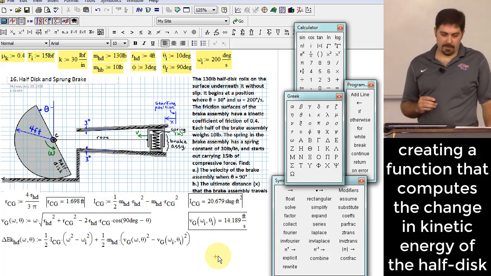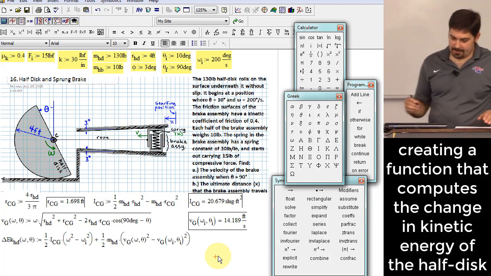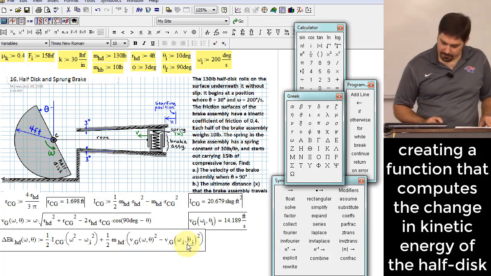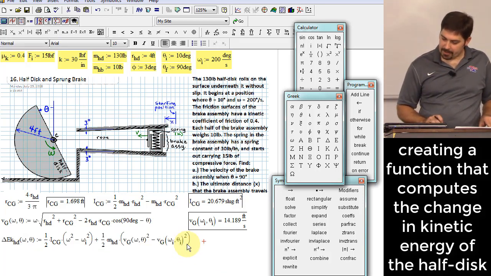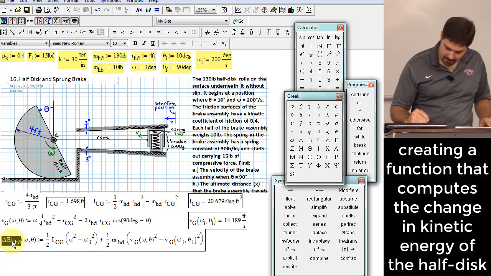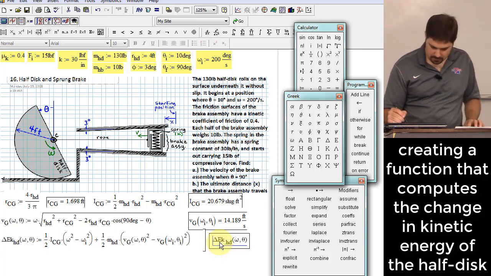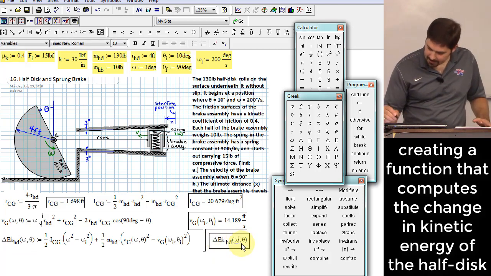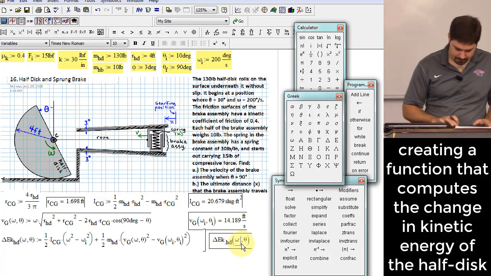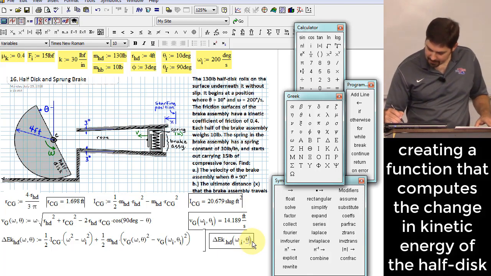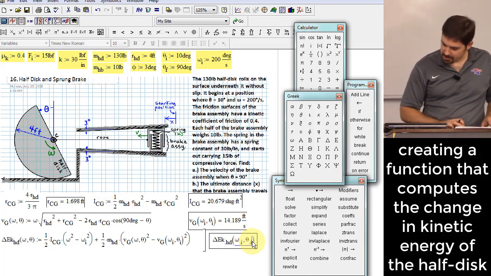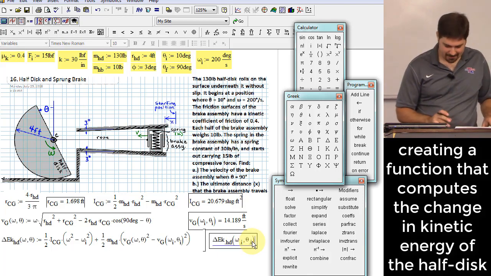Now, I can check that out if I want to. This is one way to find mistakes. If I plug in, let's say this value right here with omega I and theta I, what should I get? Okay, good job.